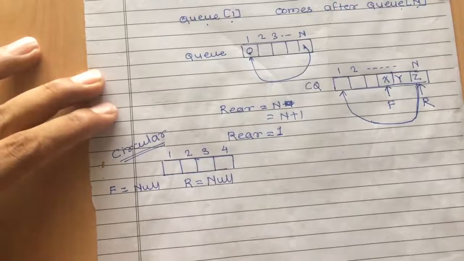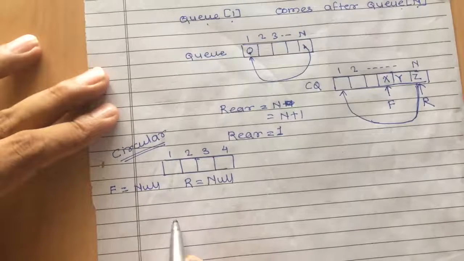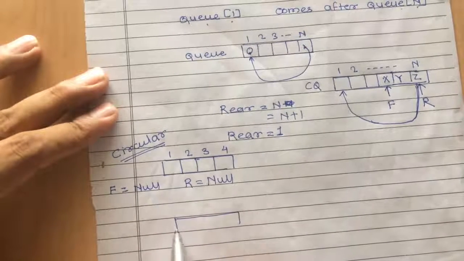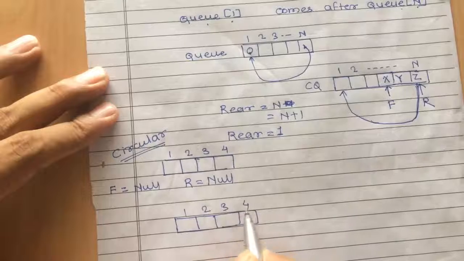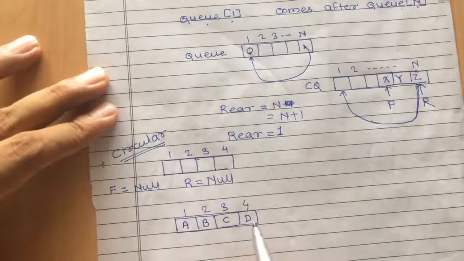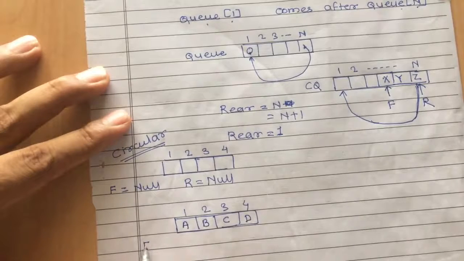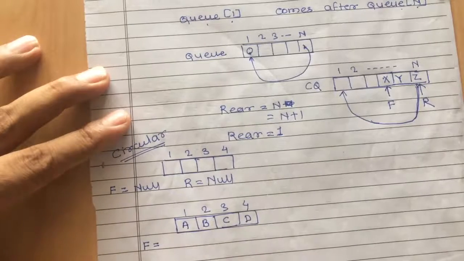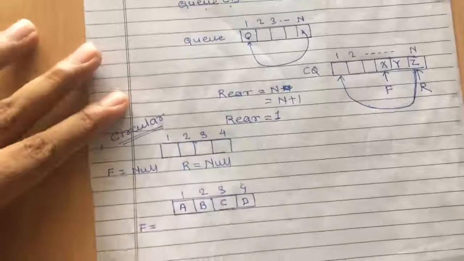Right. Now suppose I will add 4 elements in this queue. I will add A, then B, then C and D. So my front will point to the first location.